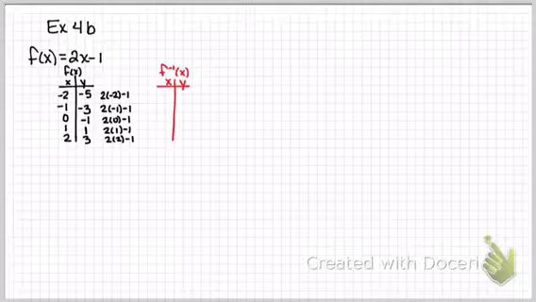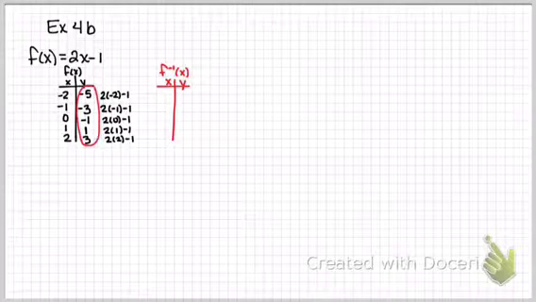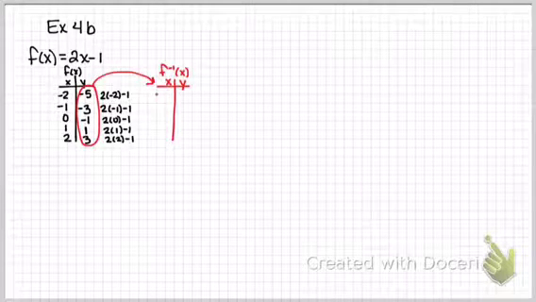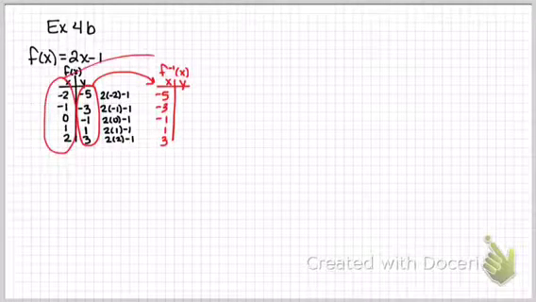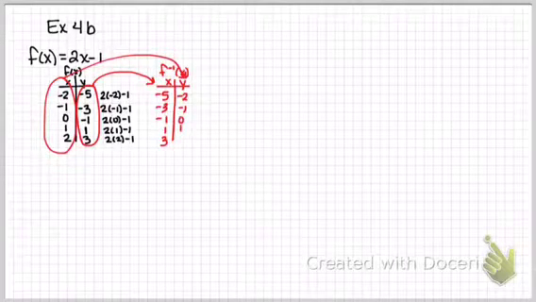What do you know about x and y? They switch. So could I go ahead and say, well, these are going to be my new x's because they were the y's? And these are going to be my new y's because they were the x's? And then just graph those points?